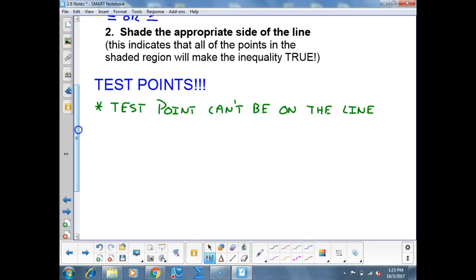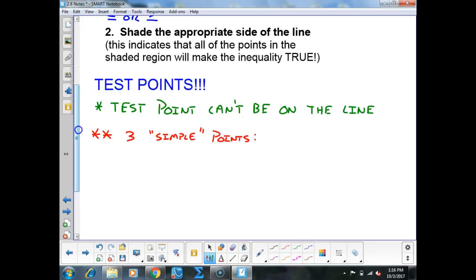Now, the nice thing is there are 3 simple test points. You only need to test one of them. All 3 of them can't be on your line. Those three are the origin, that's going to be your go-to one, that's the one that you want to test.